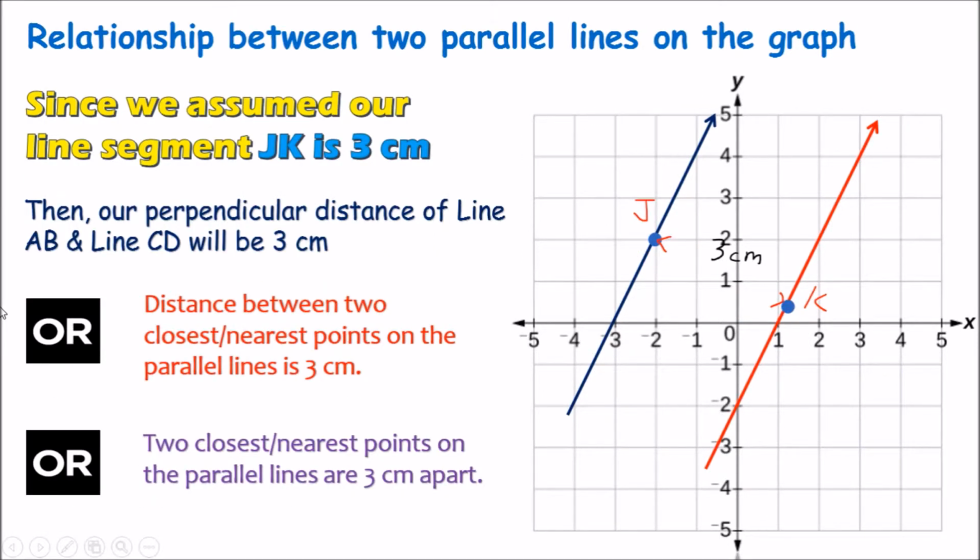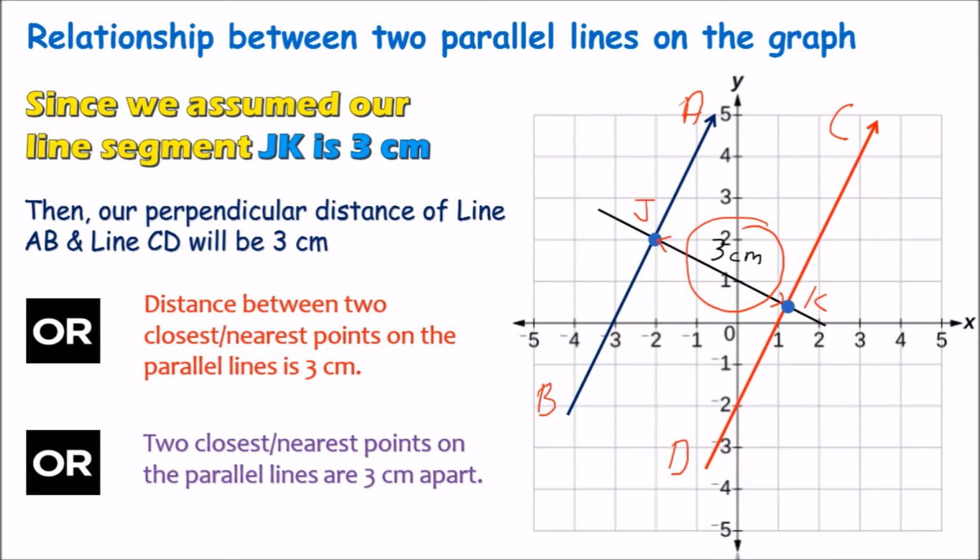So, since we know that our line segment JK is 3 cm, we can say that the perpendicular distance of line AB and line CD will be 3 cm, or the distance between two closest or nearest points on the parallel lines is 3 cm, or we can also say that two closest or nearest points on these two parallel lines are 3 cm apart, which is our point J and K, which is exactly 3 cm apart, and these 2 points are the closest points of these two parallel lines AB and CD.